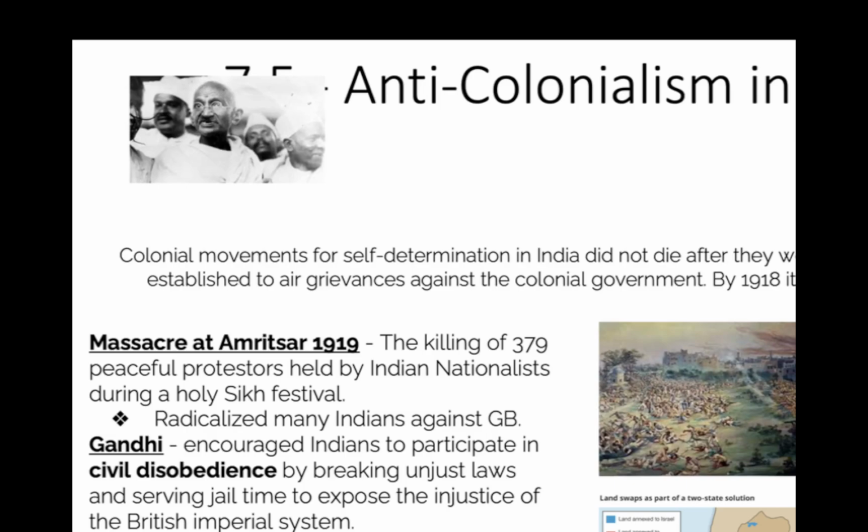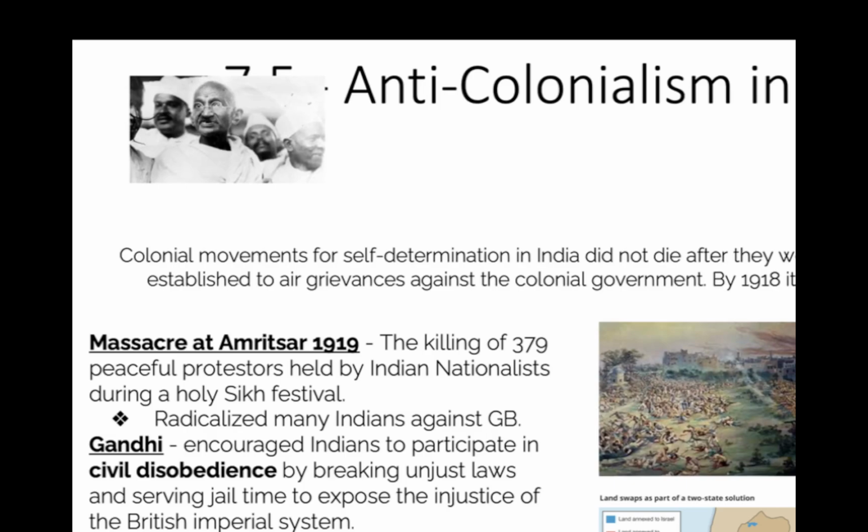However, Gandhi does not want this, but the two-state solution is going to become what people prefer. The two-state solution is created by Muhammad Ali Jinnah, and it is the creation of the state of India and Pakistan.